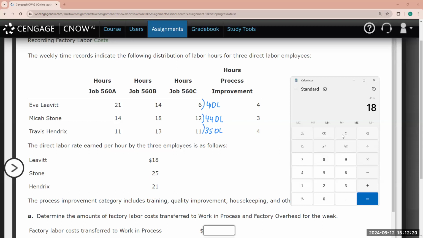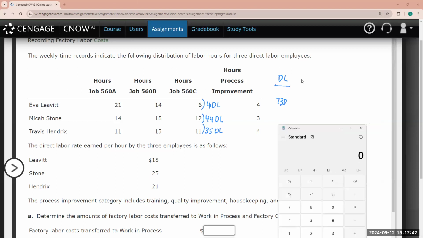So in order for us to determine the labor cost for each, for Eva, she worked 41 hours at a rate of $18 per hour. So the direct labor cost for Eva is as follows. So I'll do direct labor, which is 738. And then next we'll actually do the same thing for Eva since we're working on it.